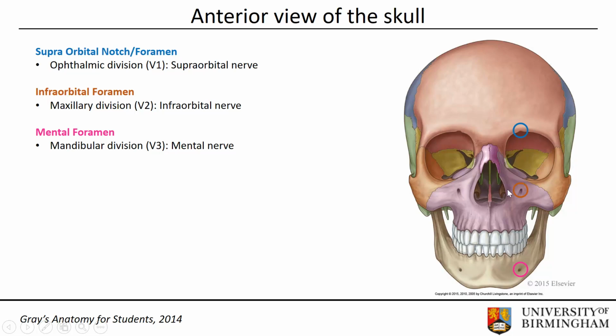The maxillary division exits as the infraorbital nerve through the infraorbital foramen, and the mandibular division will exit as one of its terminal branches, the mental nerve, through the mental foramen, this one here.